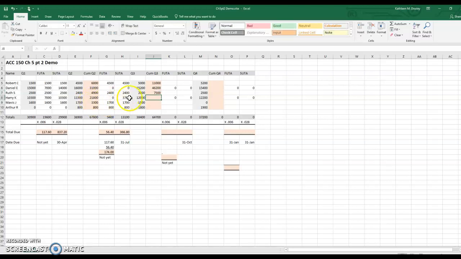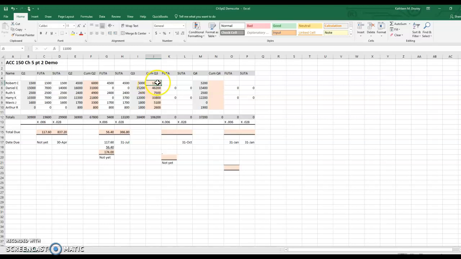Here we have 21,800 and 12,000, 33,800, and here we have 3,300 and 1,800, and that's 5,100, and here we have 800 and 1,800, so that will be 2,600. Okay, so now we can take a look at these.